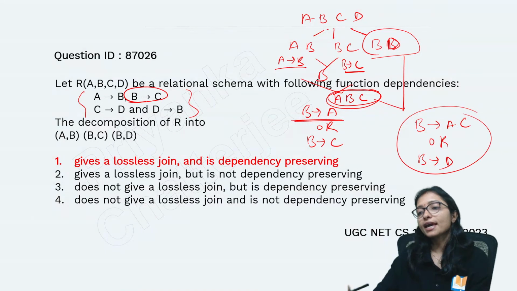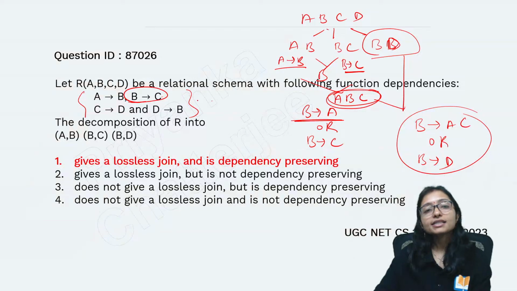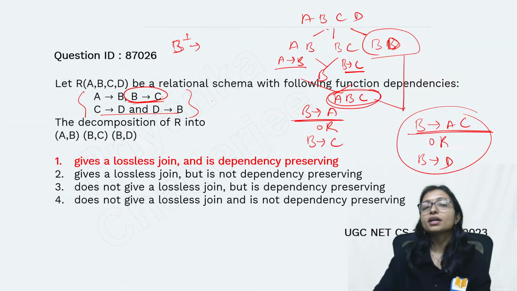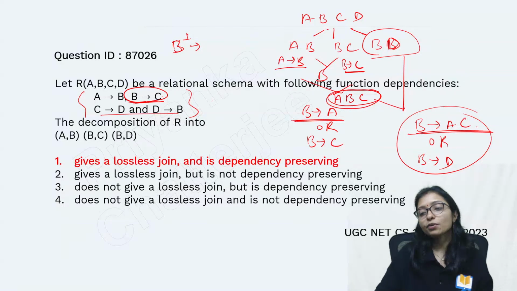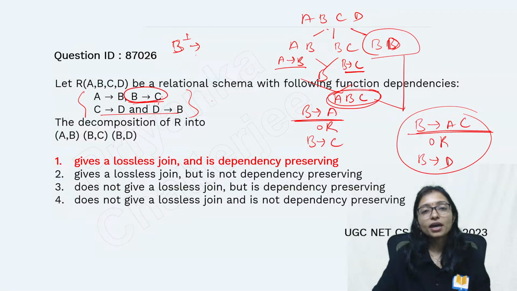Now you will see here, if B implies AC, can I get it? Just do the closure from here. It is the easy way. What is my requirement? My requirement is B implies AC. I will do the closure. B implies, if I am getting from here, B to C, C to D, D to B, A is not coming.